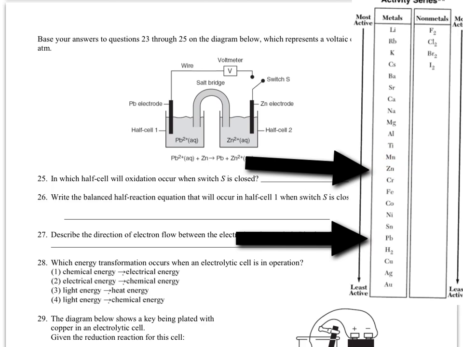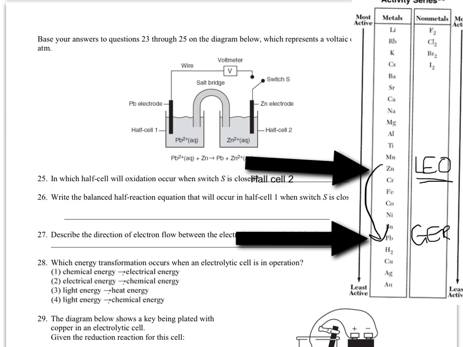So we see that zinc is the better loser of electrons, while lead will be the gainer of electrons. We can always imagine that in a spontaneous chemical reaction, the electrons fall down. So here, we'll notice that oxidation is the loss of electrons. So half cell 2 is where the zinc is located, where we can have the loss of electrons.